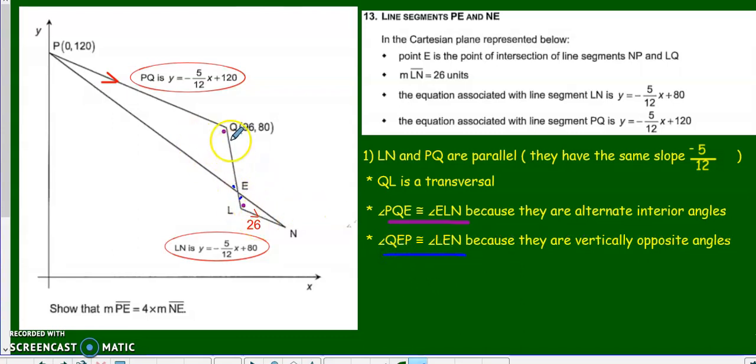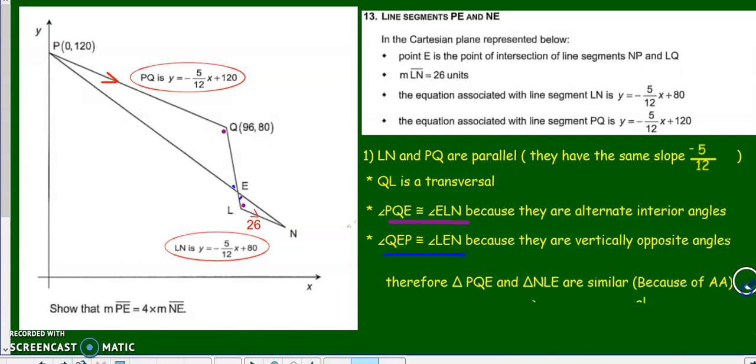When we have two triangles and two angles are the same, then the third one's the same, so that means these two triangles are similar because of AA. So therefore, those two triangles, PQE and triangle NLE, are similar because of AA. When two angles are the same, then the two triangles are similar.